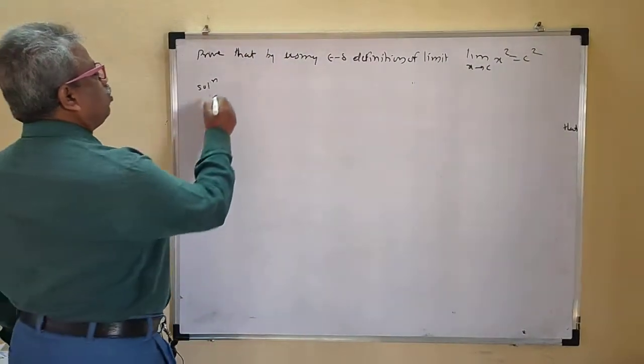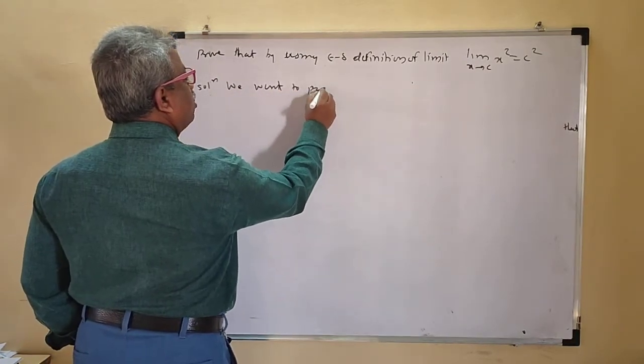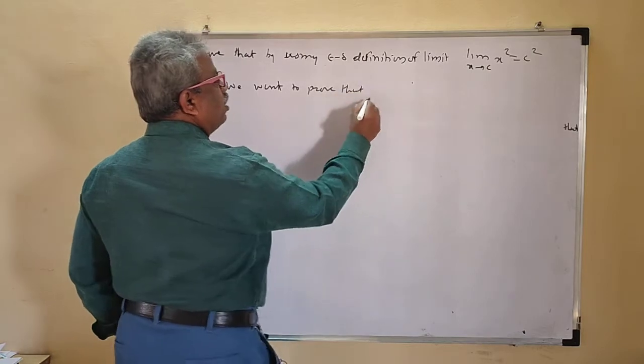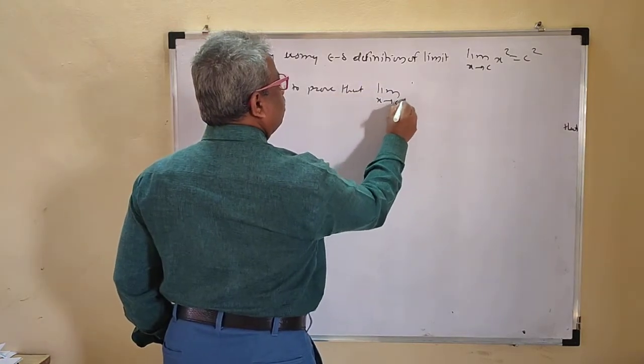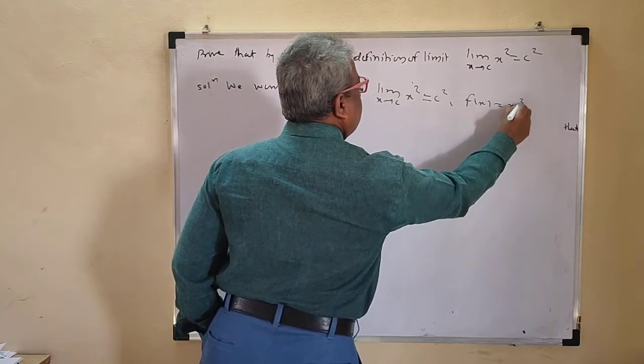Okay, solution. We want to prove that limit x tends to c of x square is equal to c square. So here f of x is x square.